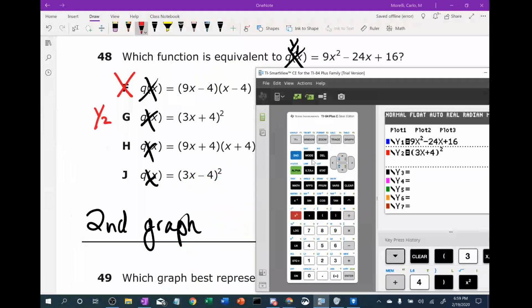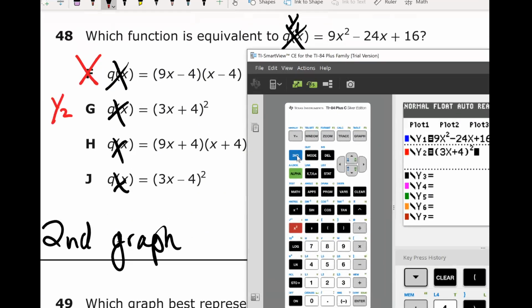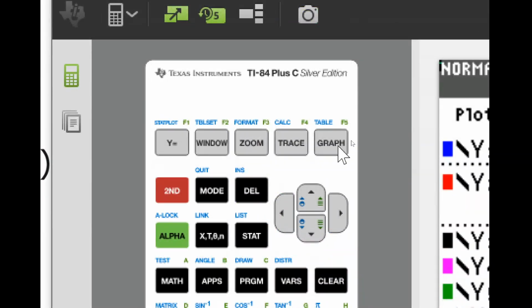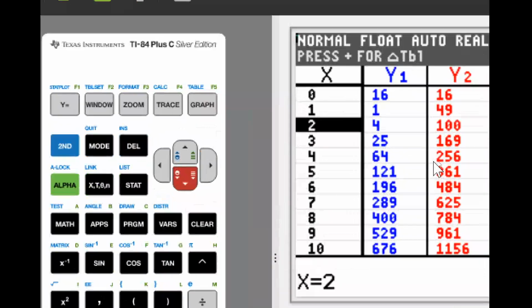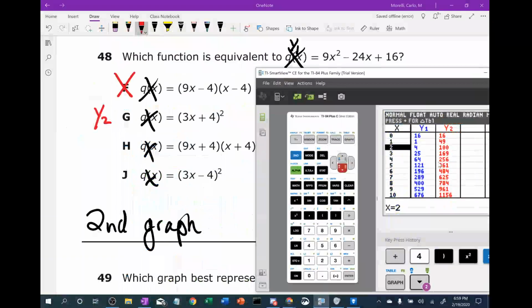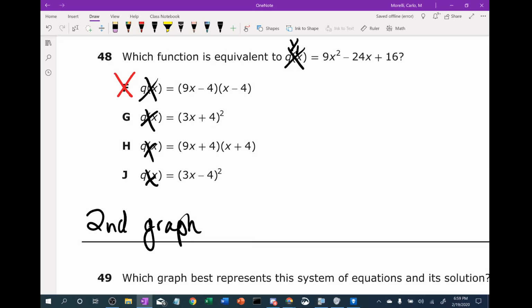And now we're going to hit second graph. And we're going to check each row. And I noticed right away that they don't match on each row, so they're not correct. So it's not G. All right, they're making us work hard on this one. You know, it's not like one of the first two. So now we got to check H.